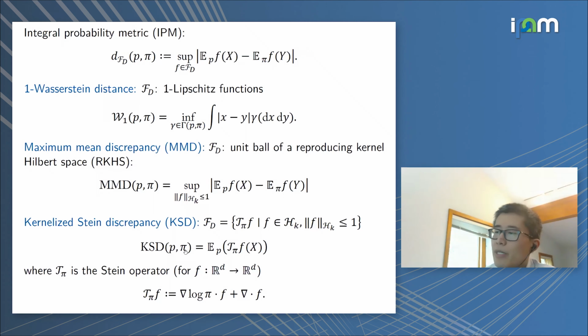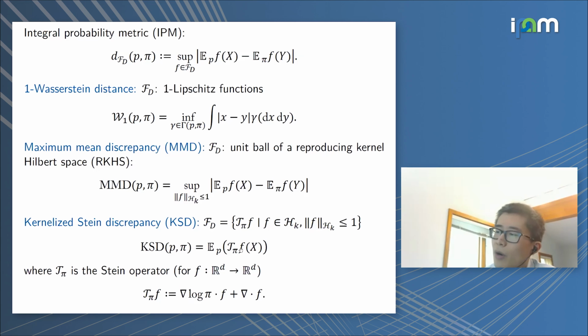This is not a metric, it is asymmetric, but it can be used to measure the discrepancy between two probability distributions. In general, you take a function f, and again we assume that the test function class is in a kernelized space. This is why it's called kernelized Stein discrepancy.